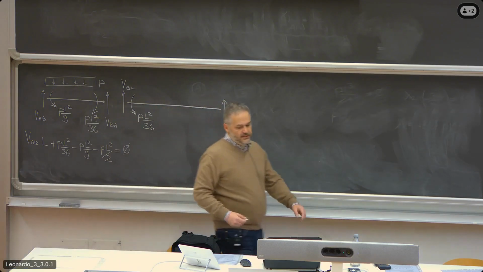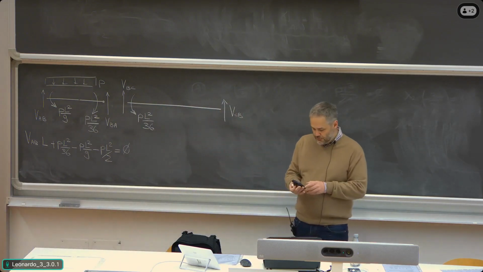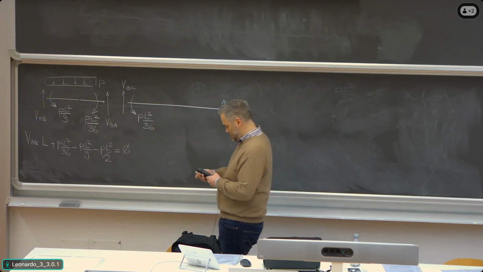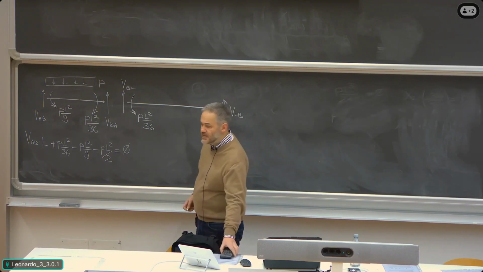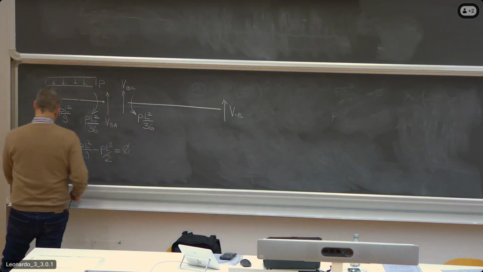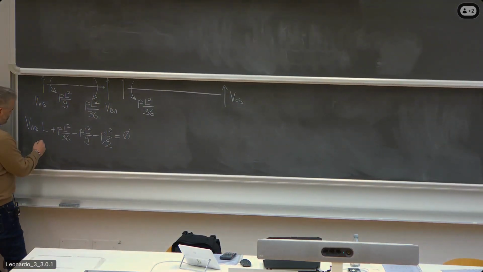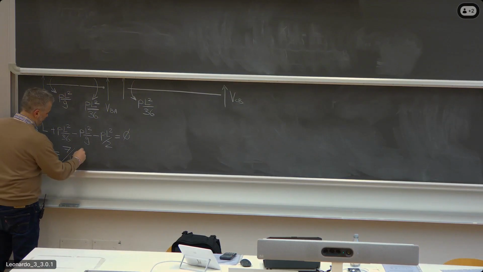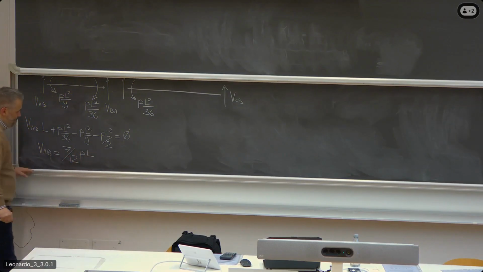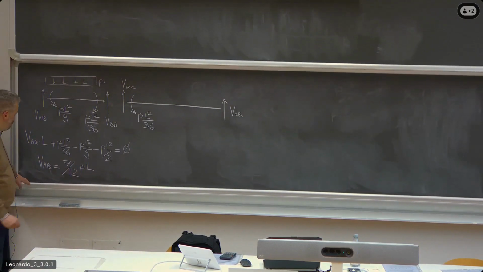In order to avoid mistakes, which I'm subjected to this morning, 1 over 2 plus 1 over 9 minus 1 over 36. So this is 7 over 12. Okay?